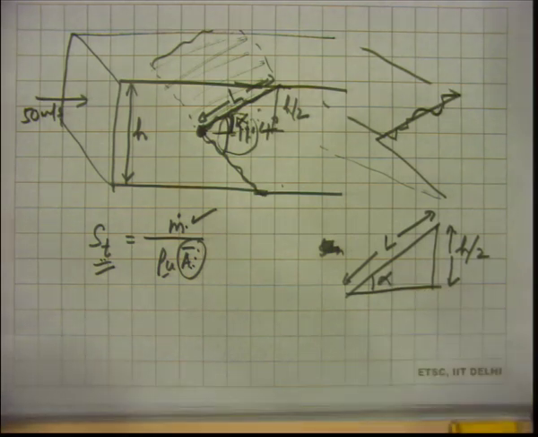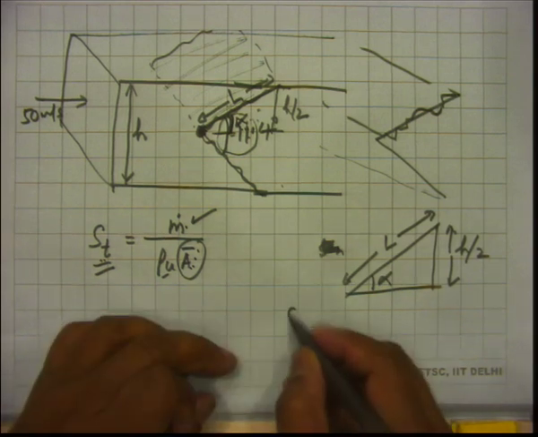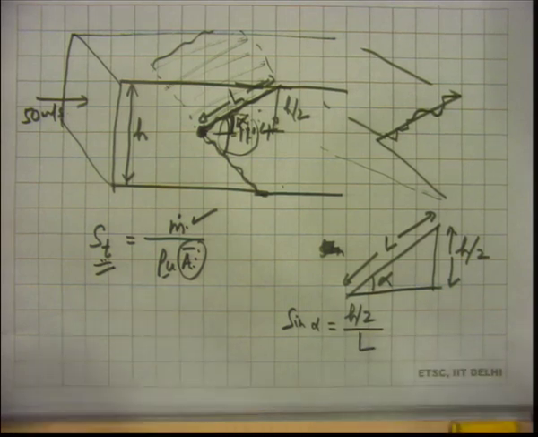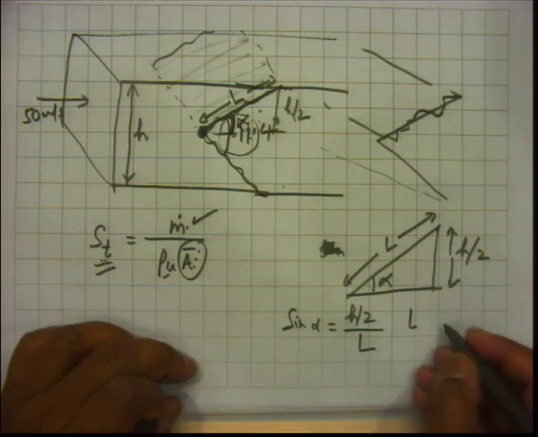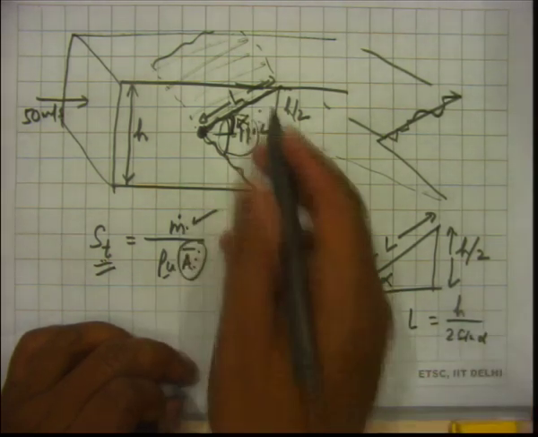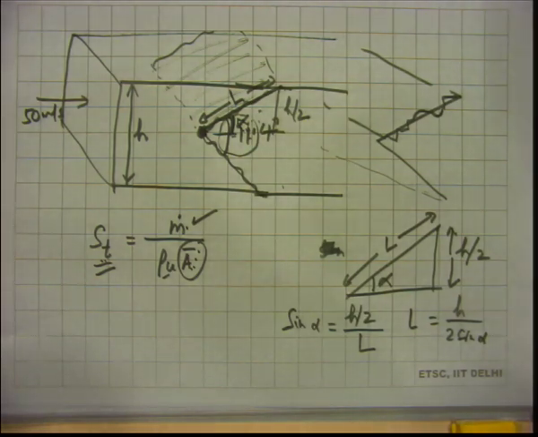In this particular problem alpha is 11.4 divided by 2. So sine alpha is h by 2 divided by L. So L is h by 2 sine alpha, and if you utilize that in the area calculation, then the sine alpha will show up, right.